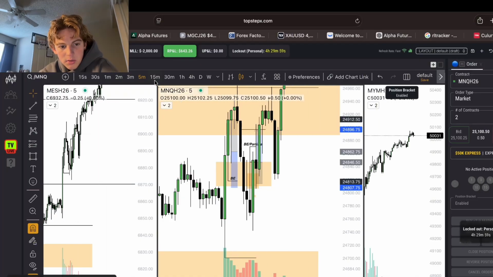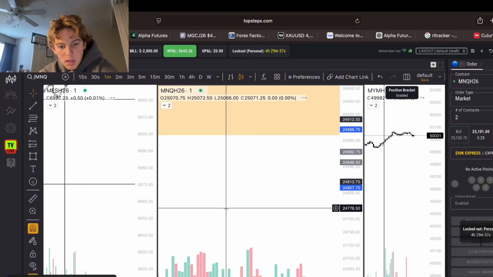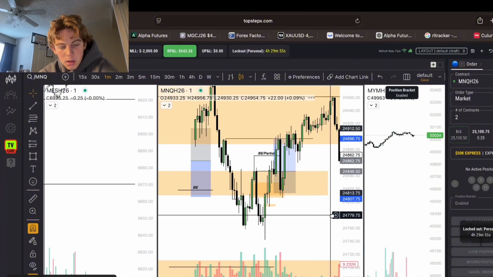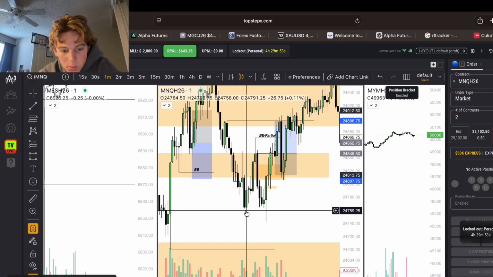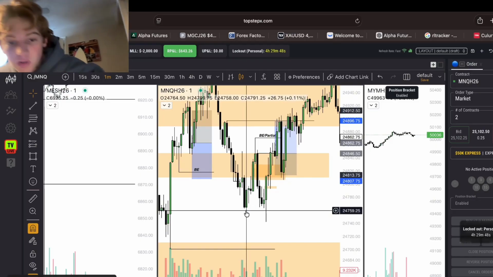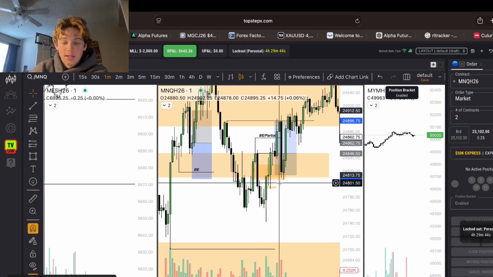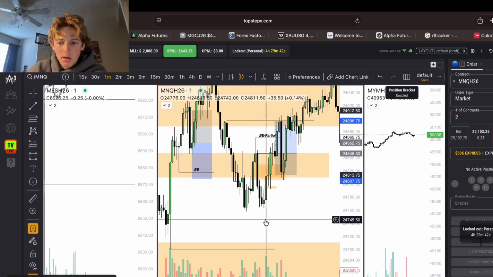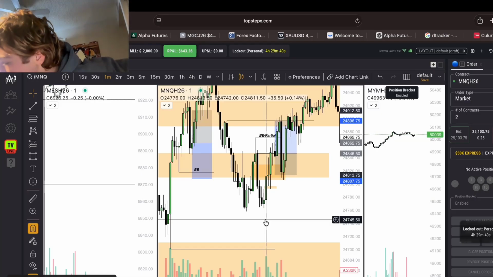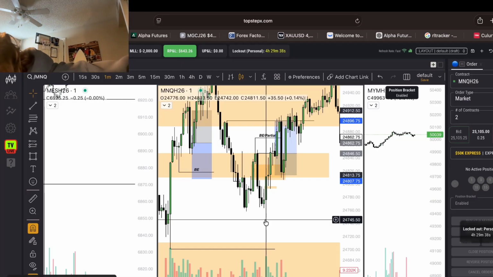So ES held this 5 and 15 minute, but NQ didn't. You can see that we ended up not holding this 5 and 15 minutes, so this entry was not as strong, because the PD array I was trading out of got, what is it called? Inversed.